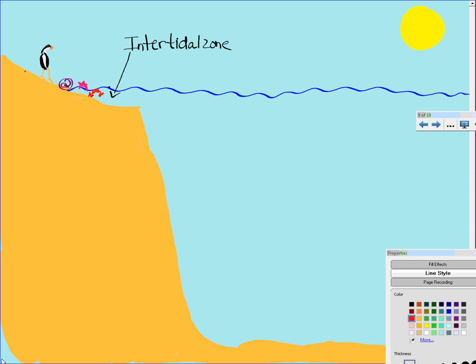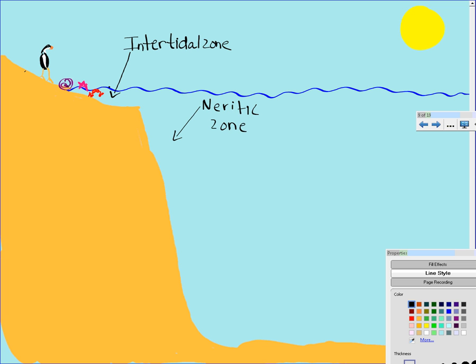Right. All right. The next zone you have is your Neritic Zone. That's in this area. In the Neritic Zone is where you have an abundance of life. It's going to be a lot of life there. So what do you think is going to happen there? What do you think us humans are going to do?